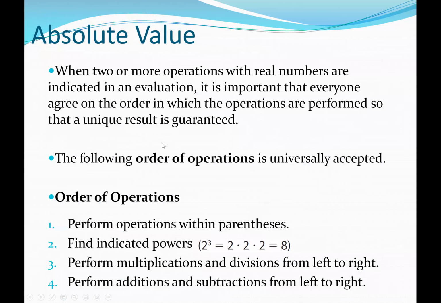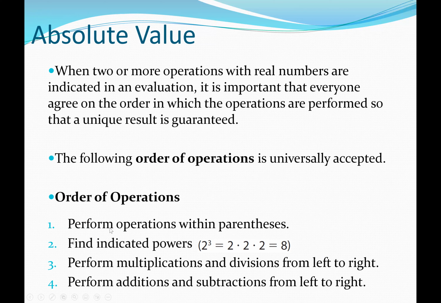So here we say when two or more operations with real numbers are indicated in an evaluation, it's very important that everyone agree on the order in which the operations are performed so that a unique result is guaranteed. Again, this will take us back to arithmetic operations, the order of operations.